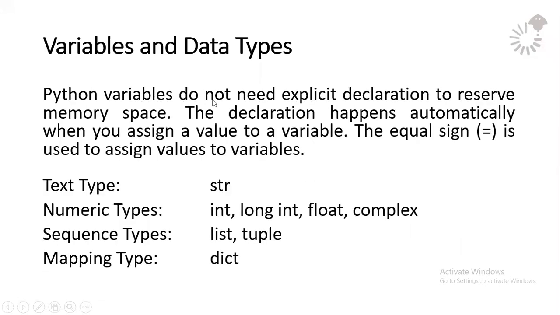Okay. So Python variables do not need explicit declaration to reserve memory space. The declaration happens automatically when you assign the value to a variable. The equal sign is used to assign values to a variable. Ano ba yung sinasabi nitong explicit declaration?